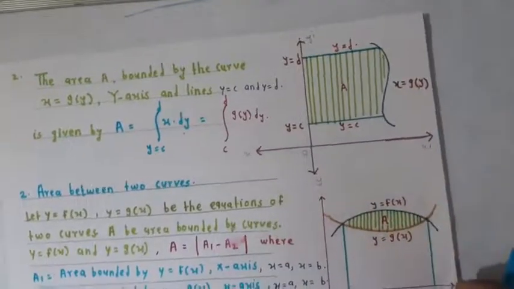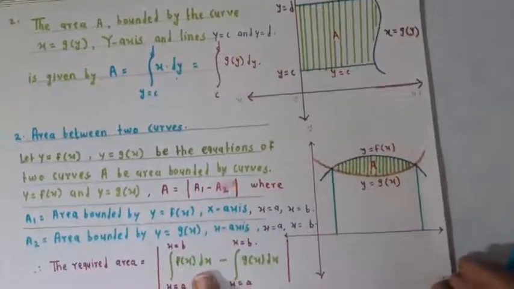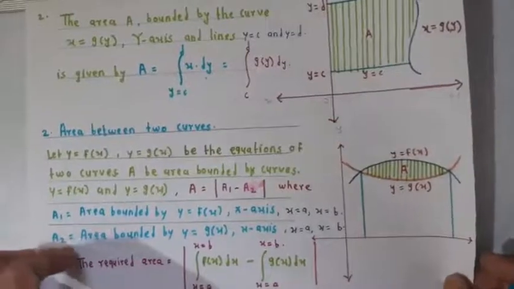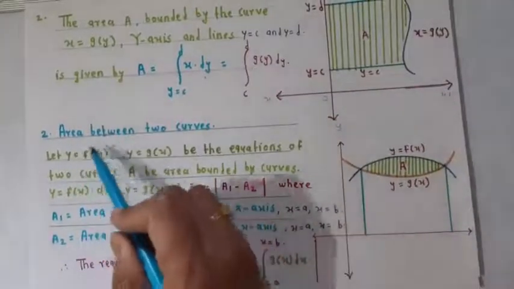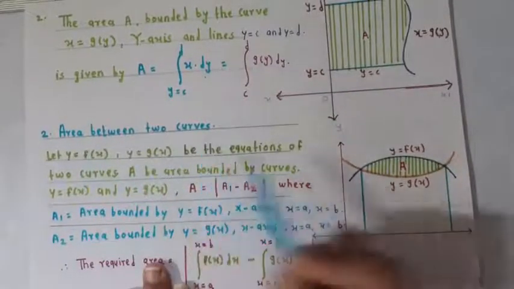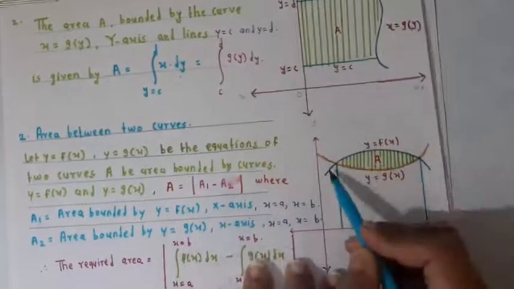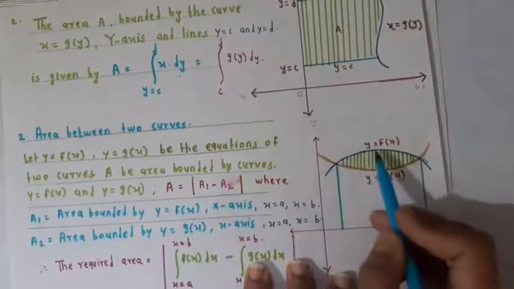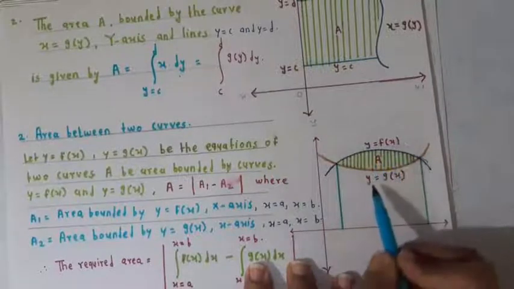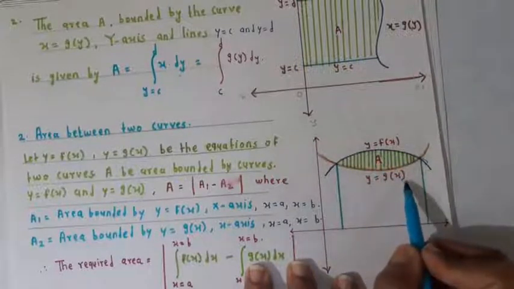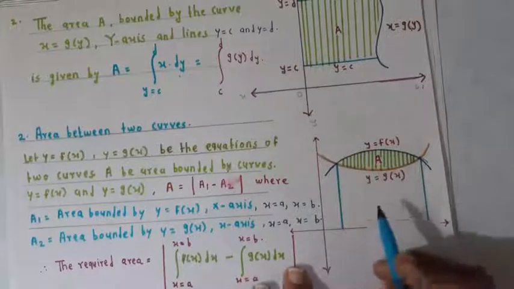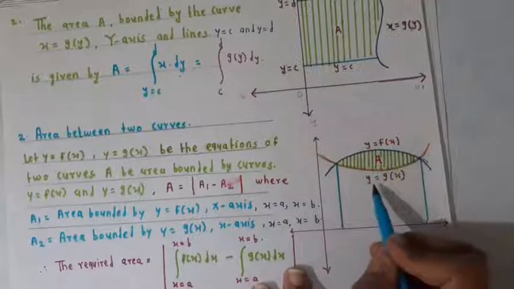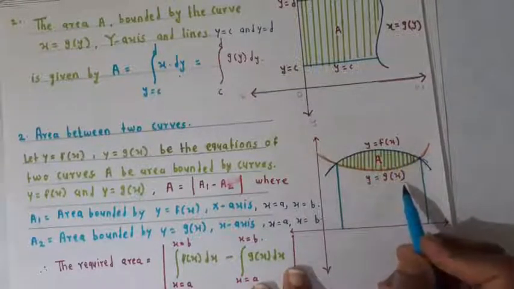Now suppose two curves are given, then how do we find the area between the two curves? See students, suppose this is one curve and this is another curve. The curve y equal to f of x and the curve y equal to g of x.